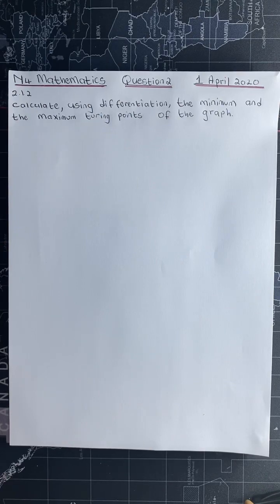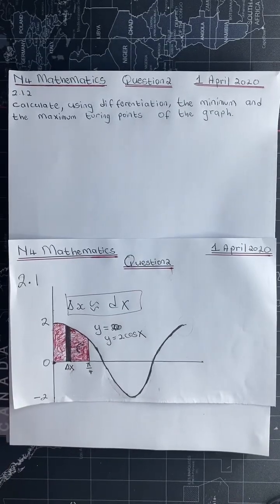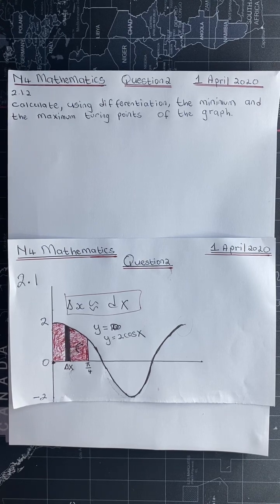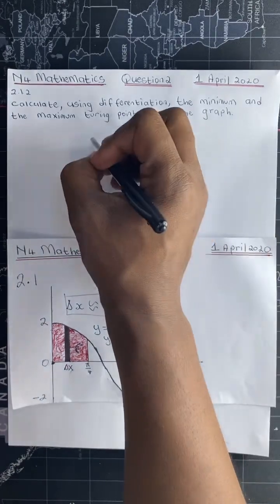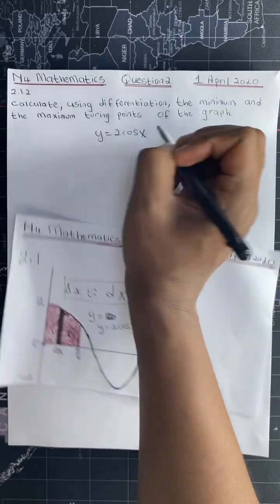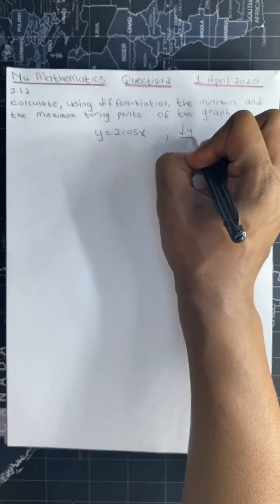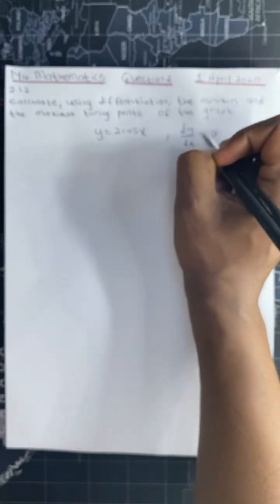Question 2.1.2, we have to calculate using differentiation the minimum and the maximum turning points of the graph. So we still have the graph of y equals 2 cos x. To find the minimum and the maximum turning points, we have to differentiate dy over dx and equate it to 0.